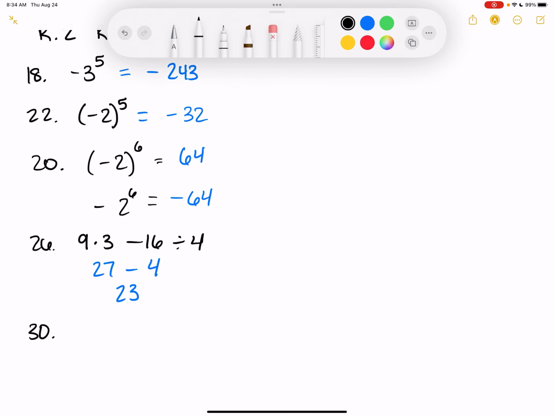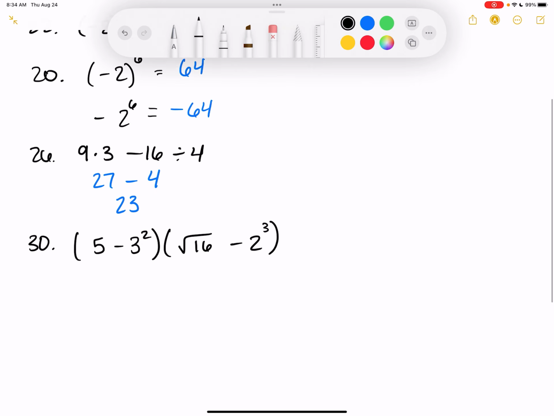30. In parentheses, I've got 5 minus 3 squared, and then I've got the square root of 16 minus 2 cubed. A lot of times the initial reaction is people want to start foiling, but we don't need to do that because, one, that makes our life way more difficult, and two, there's no variables in there.